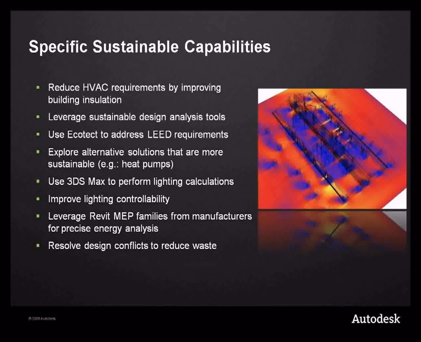Also using 3ds Max to perform lighting calculations and improve lighting controllability. And we'll also be leveraging the Revit MEP families from manufacturers for precise energy analysis. And finally, resolving design conflicts to reduce waste.